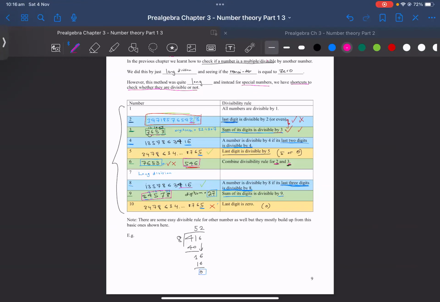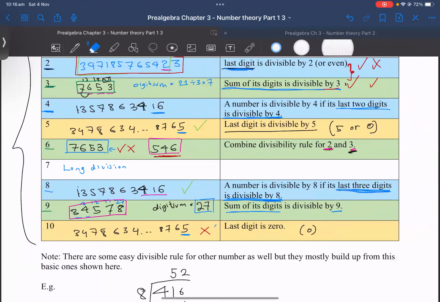So that's the shortcut for all the numbers. Now, I promised before, I can give you 7 if you want. Does anyone want to know the rule for divisibility by 7? All right, it's going to be tricky, so let me say it slowly.